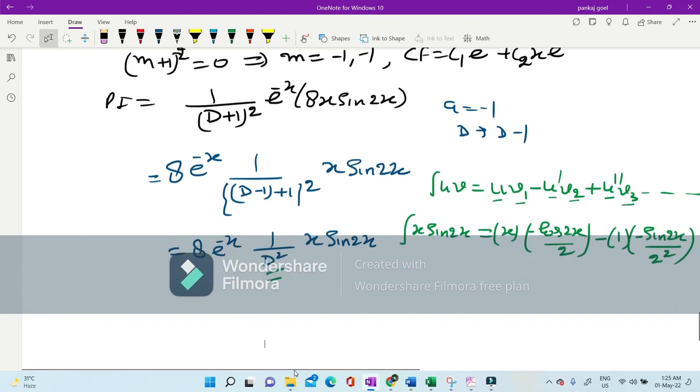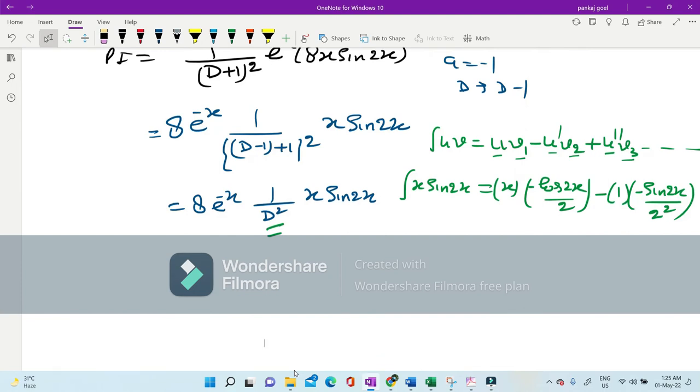So integrate this again and then we can find the answer. So this can be written as 8 e to the power minus x, again integration, that is minus 1 by 2x cos of 2x minus 1 is here plus 1 upon 4 sin of 2x dx.